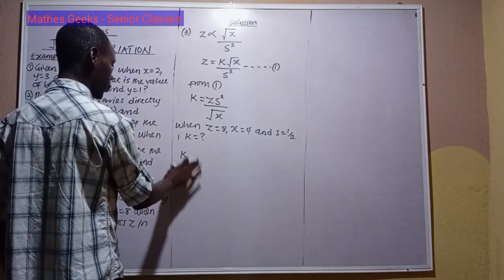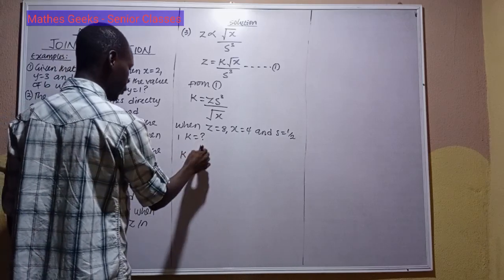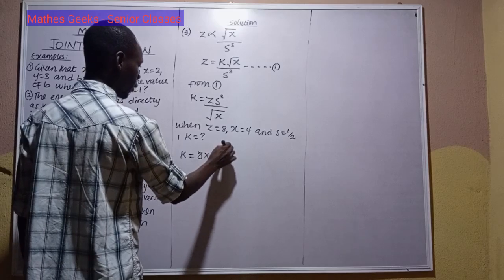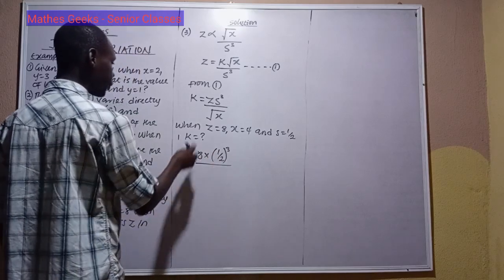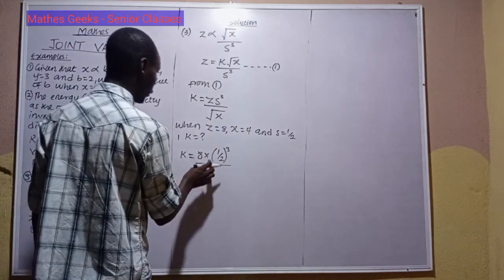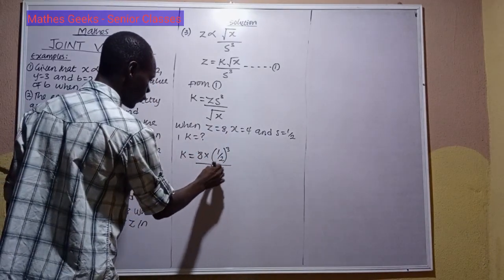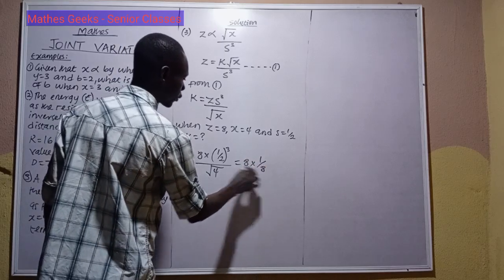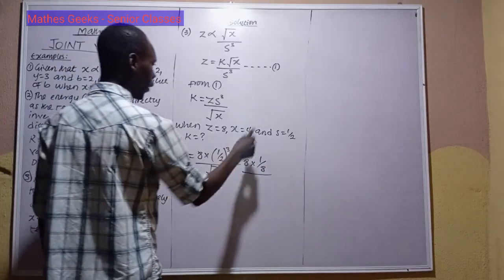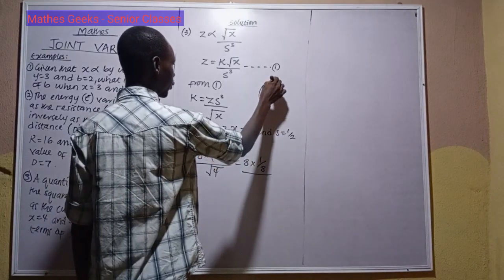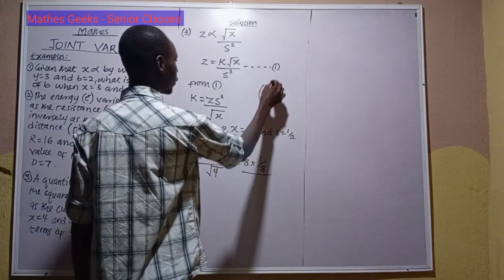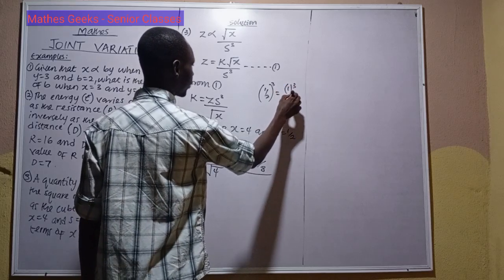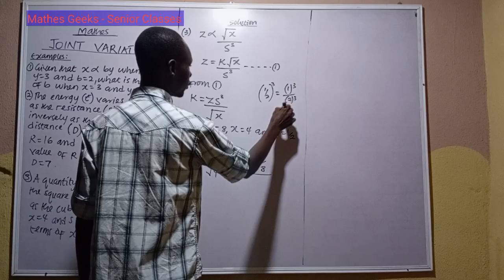So Q is equal to 8 times 1 over 2 raised to the power 3 over root 4. 8 times 1 over 2 raised to the power 3 is equal to 1 raised to the power 3 over 2 raised to the power 3, which is 1 over 8.